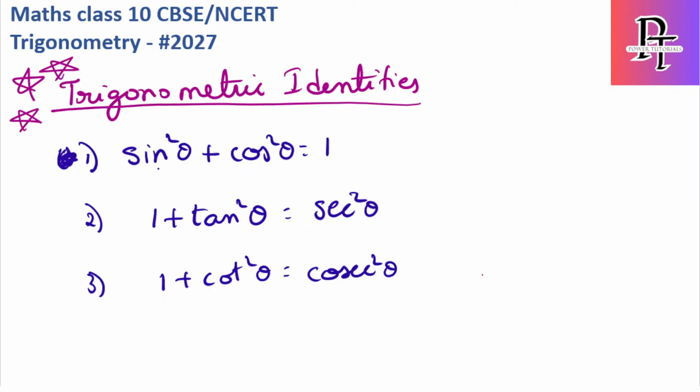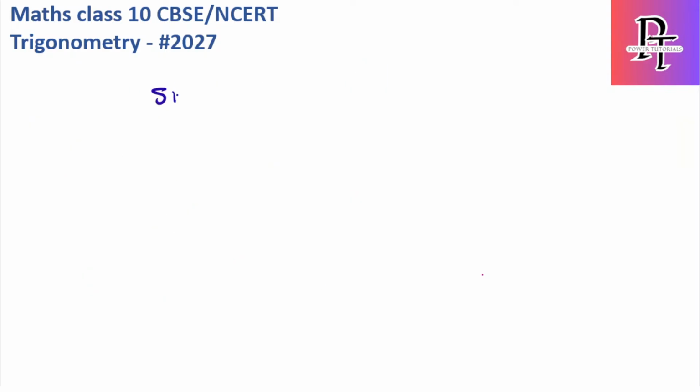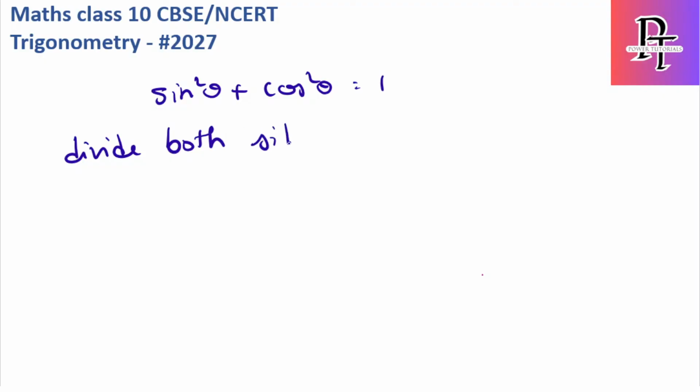Same way, if I divide the first equation, sin square theta plus cos square theta is equal to 1, both sides by sin square theta, what will this become?